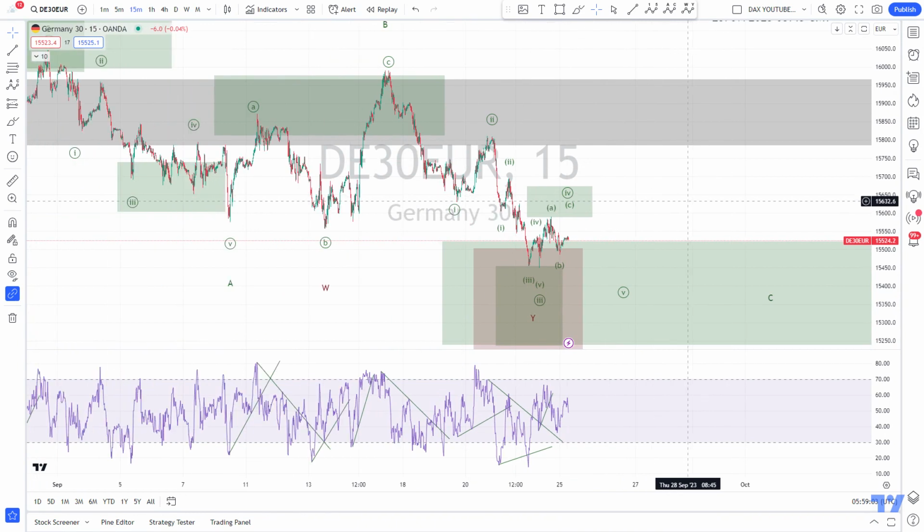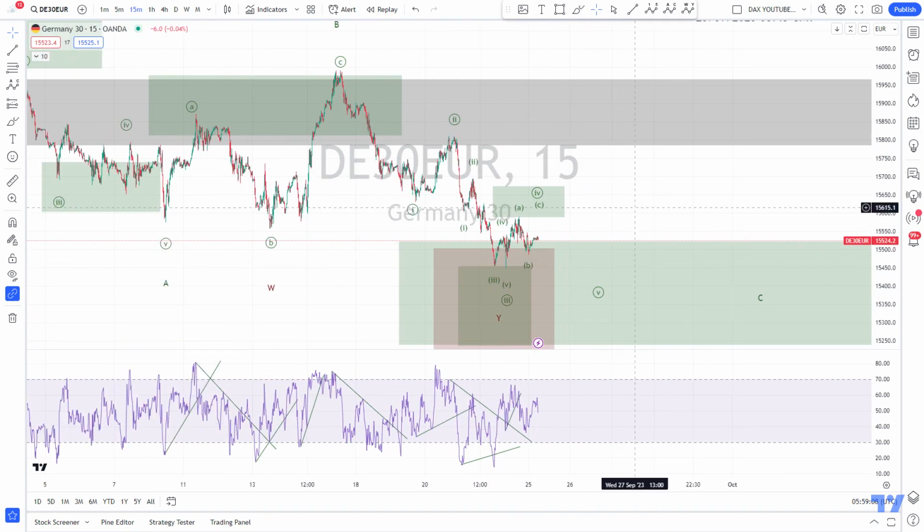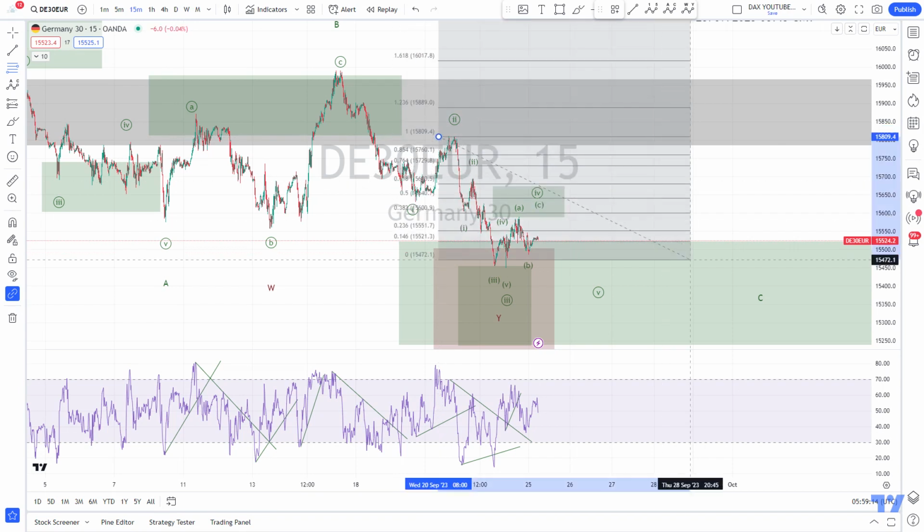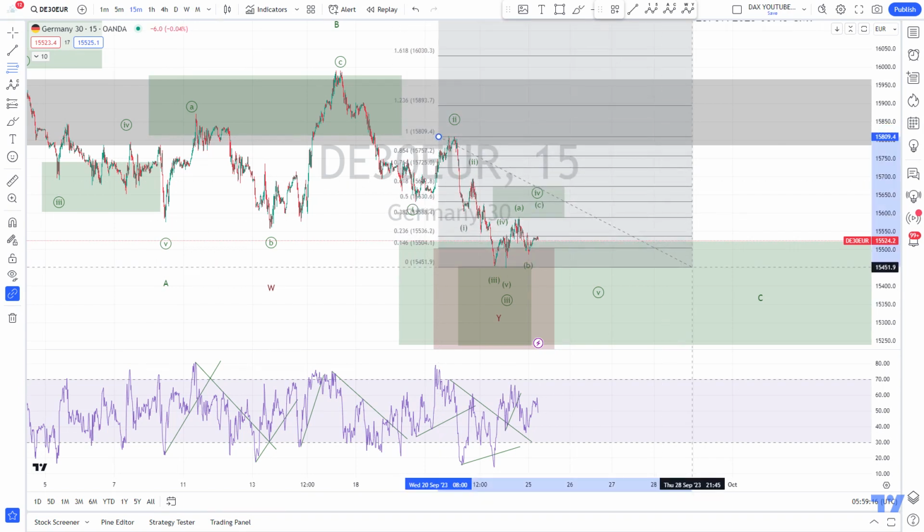So if this is our wave 3, so now we are looking at the primary scenario in green, then we know that wave 4 should go between the 0.146 and the 0.618 FIB retracement. As you can see, we nicely touched here the 0.382 retracement, and we went back down.